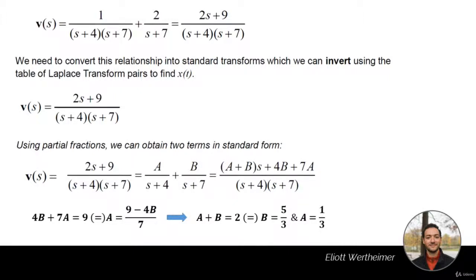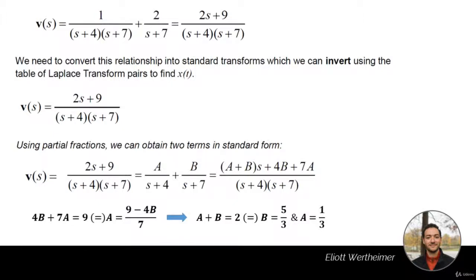Okay guys, we can factorize that further by writing that V of s is actually equal to (2s plus 9) divided by (s plus 4) multiplied by (s plus 7).